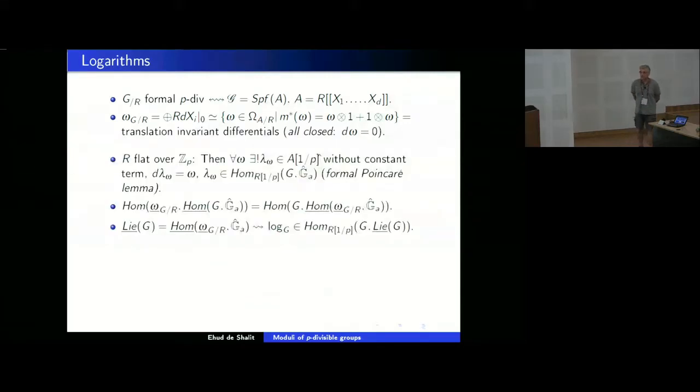And when R is flat over Z_p, for every such omega closed and translation invariant, there exists a logarithm. You can formally integrate it, and it's unique if you insist that the logarithm as a power series doesn't have a constant term, but the price that you have to pay, of course, is that you introduce denominators.